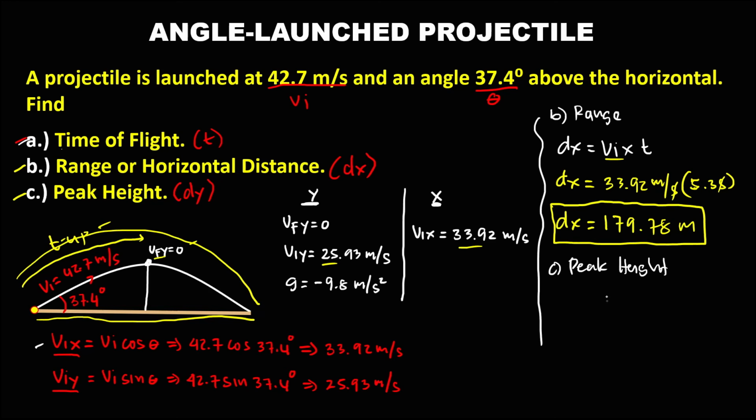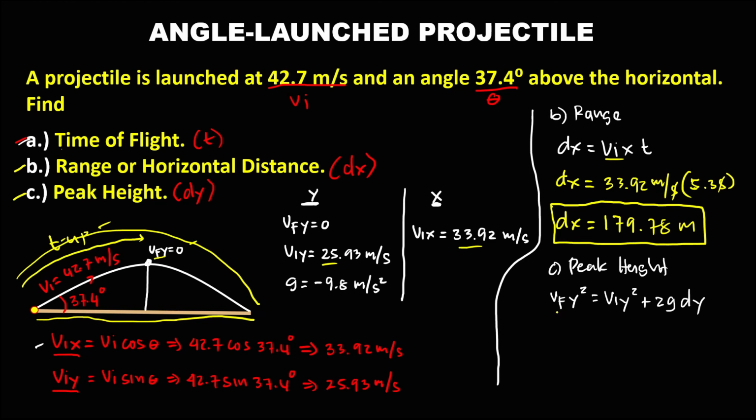using this formula, the final velocity for y squared equals the initial velocity for y squared plus 2 times the gravity times the dy. For this final velocity for y, at the peak height, that's equal to 0.